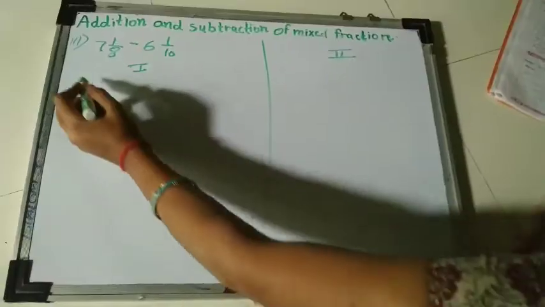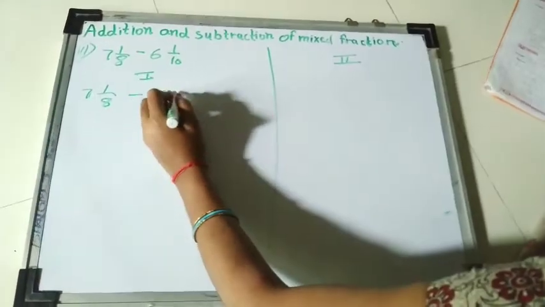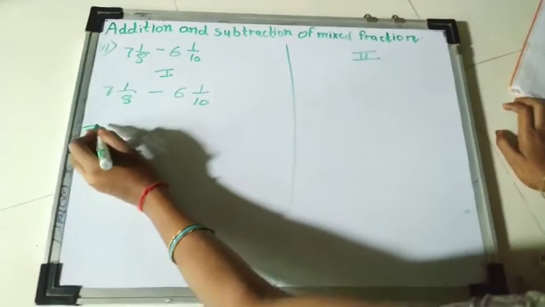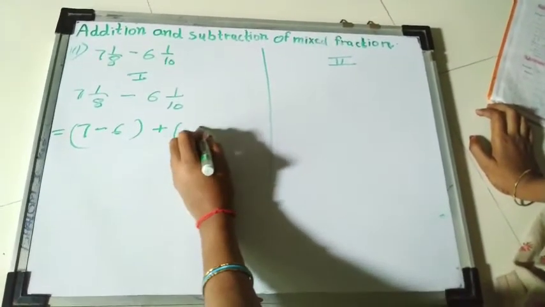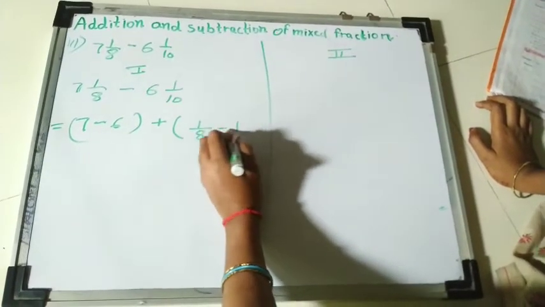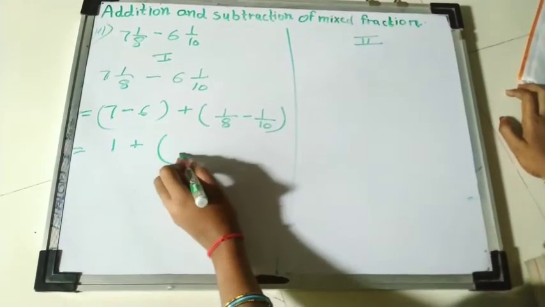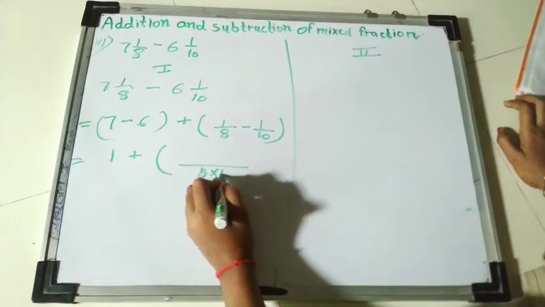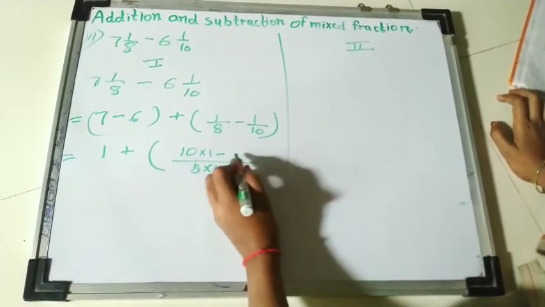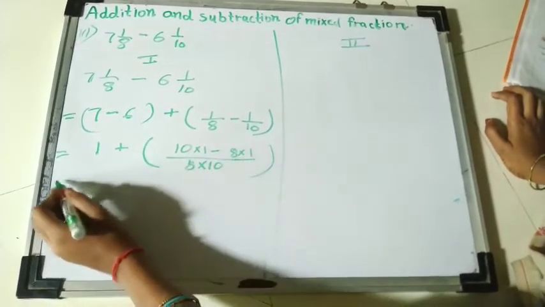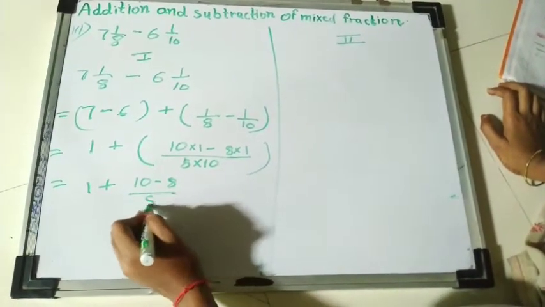Next question is 7 upon 1 by 8 minus 6 upon 1 by 10. Take 7 minus 6 on one side, and on the other side 1 by 8 minus 1 by 10. 7 minus 6 is 1, plus 8 into 10, LCM 80, so 10 minus 8 by 80.